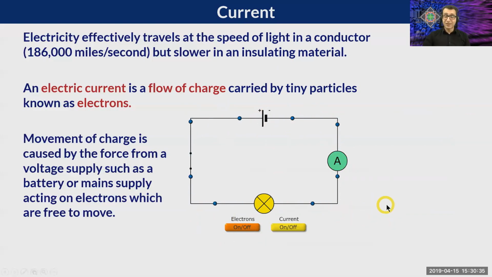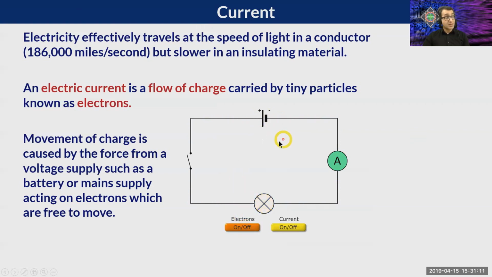Now, for added hilarity and difficulty for students, unfortunately, this is the electron current. This is the actual flow of charge around the circuit as it actually happens. However, long before electrons were discovered, physicists and engineers were aware that some form of energy was being transferred around the circuit, because if the bulb lights up when we close the circuit and the bulb is transferring energy as light to the surroundings, then something must be carrying energy from the electrical energy supply to the bulb.